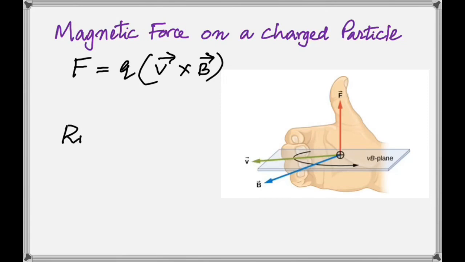If it's a positively charged particle and it's moving that way, you hold the fingers in that direction. And then when you bend them at right angles, it should be the direction of the magnetic field. And then the thumb will give you the direction of the force.